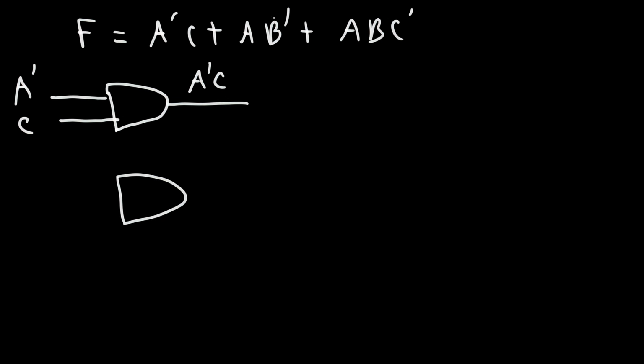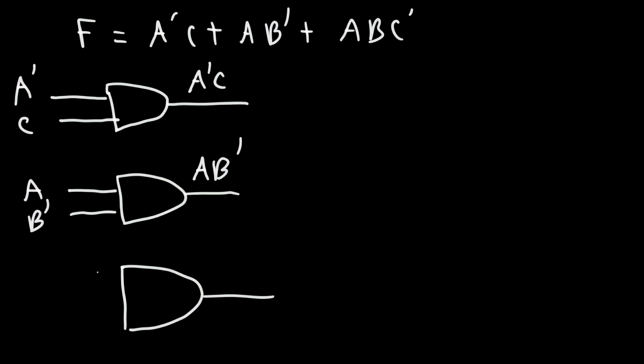Now for the second AND gate, the input will be A, and the second input is going to be B prime, giving us the output A, B prime. Now for the last one, I'm going to use a 3-input AND gate. So the 3 inputs will be A, B, and C prime.